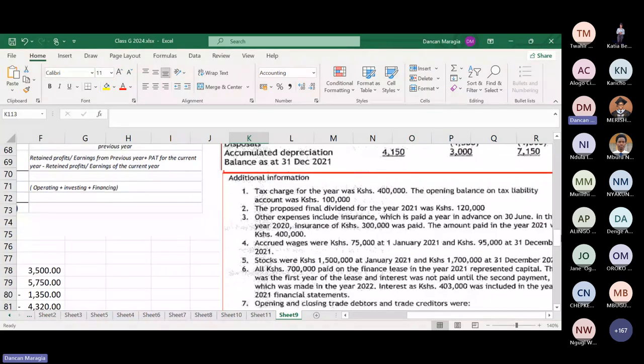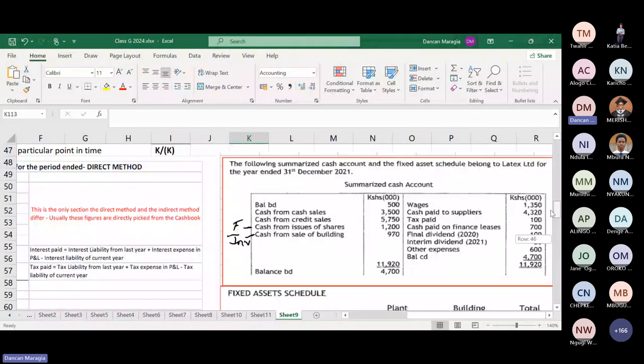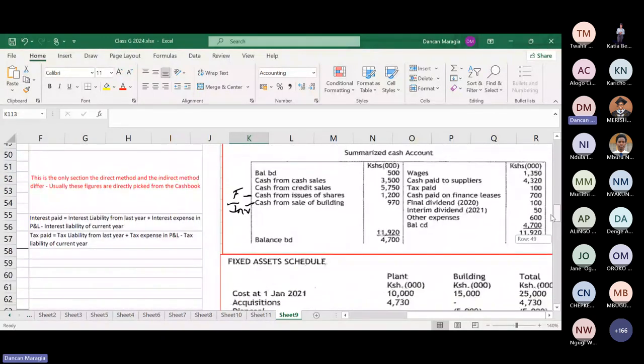Addition number 1: The tax charge for the year was 400,000. The opening balance on the tax liability account was 100,000, which was later paid in the year.